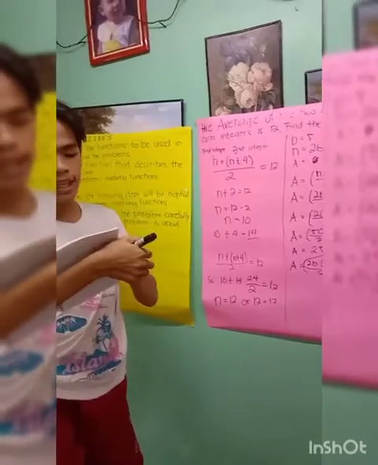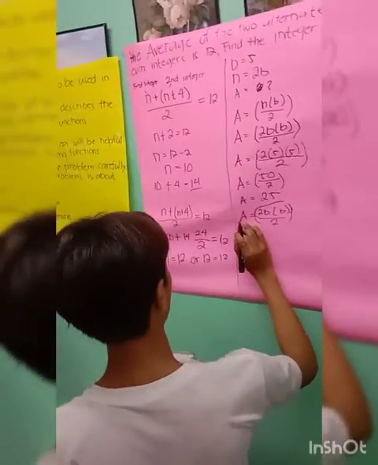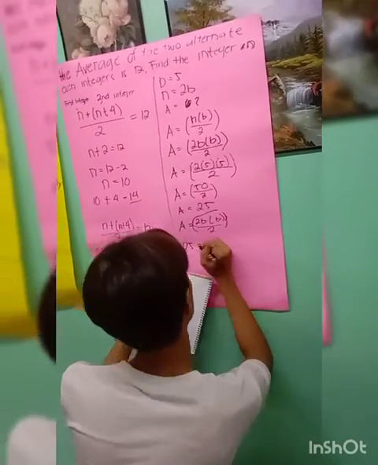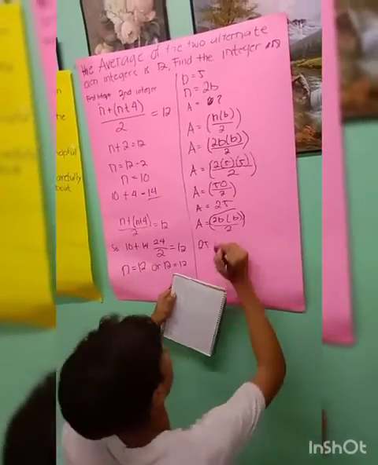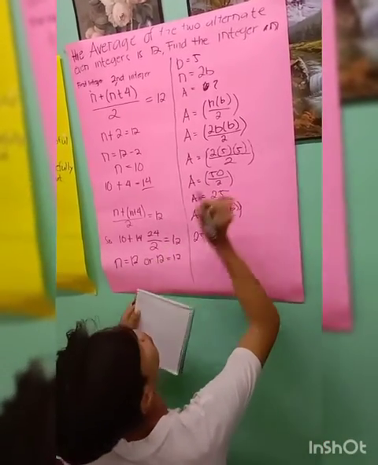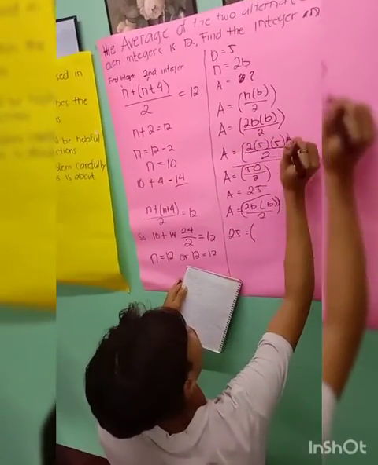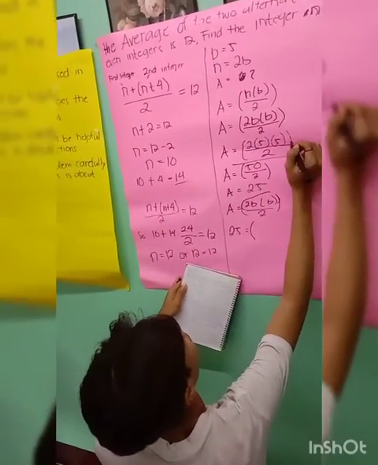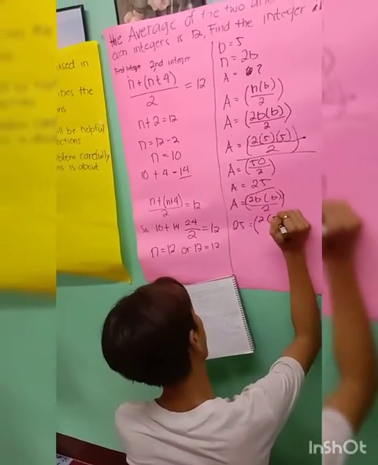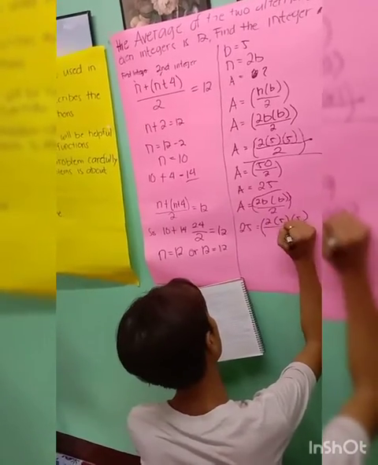Area natin kanina is 25. So, ilagay natin dito, 25 is equal to yung kanina natin na sinolve, 2 times 5 times 5 divided by 2.